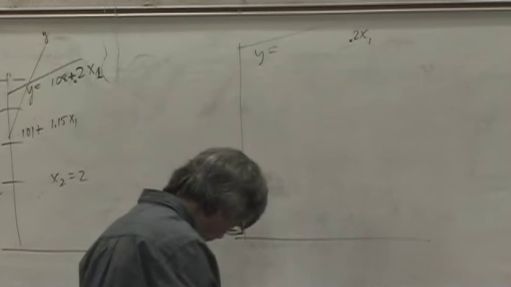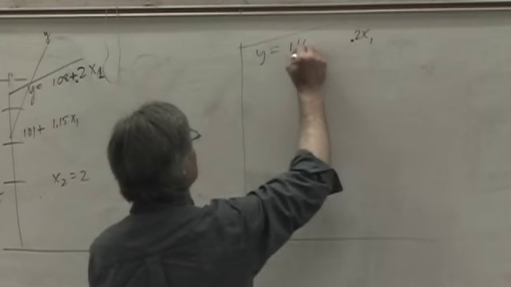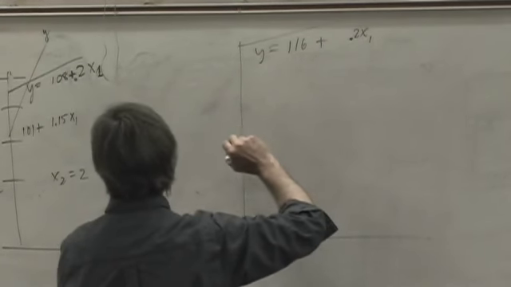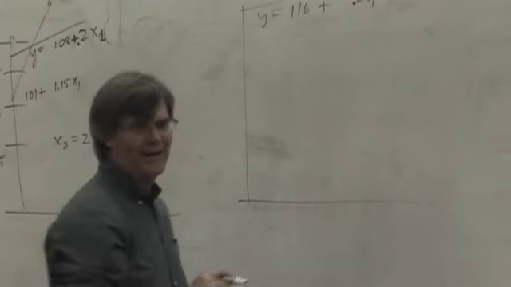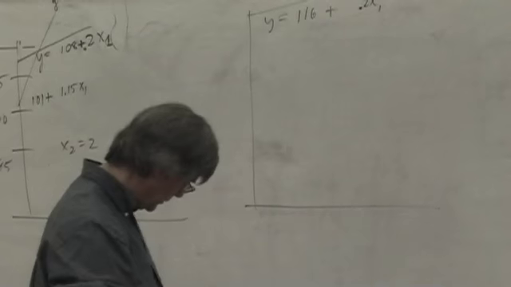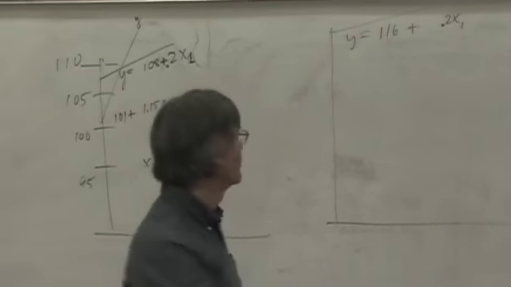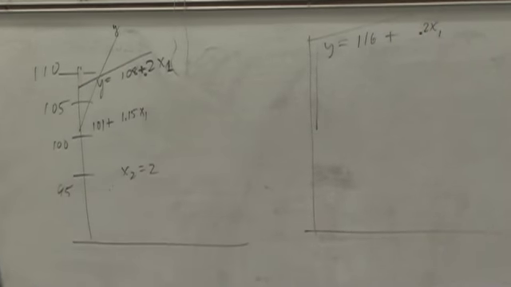You got 116 plus 0.2x1, whereas with the other model, not only did the intercept change, but the slope changed dramatically, to a slope of 8. So that was what you were supposed to do for 3.15.